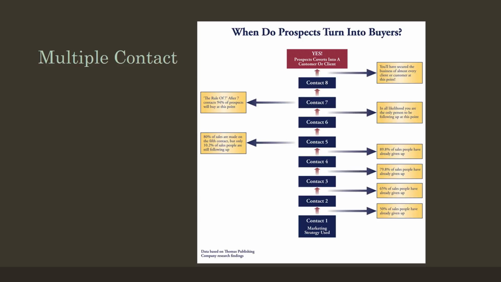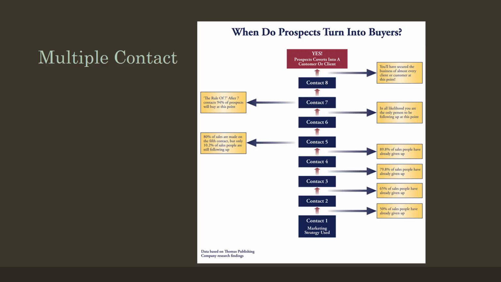After this, 50% of people have already given up on that sale, which means they turned one lead that you're paying for and gave up because that person didn't buy. After the second contact, 65% of salespeople have already given up. So let's say you got a bunch of leads, you followed up with them one time, and that was it. So 65% of salespeople have already given up.